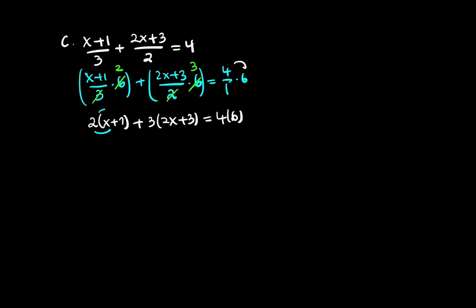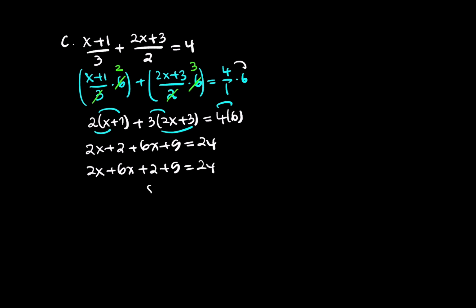Hence, this is going to be 2x + 2, 6x + 9, 24. So 2x + 6x + 2 + 9 = 24. 8x = 24 - 11. So x is 13/8, which is x = 1 5/8.